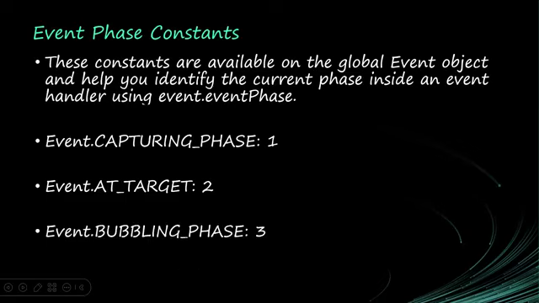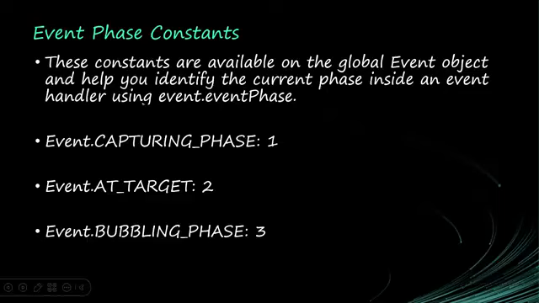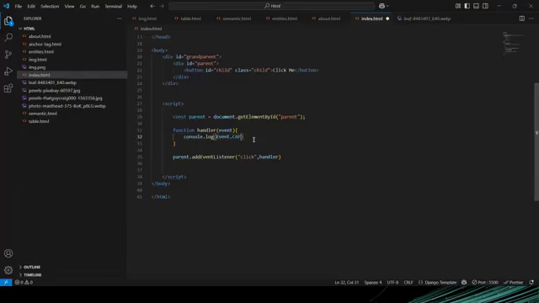So I can say console.log event.CAPTURING_PHASE, everything is capitalized. So these are constants.